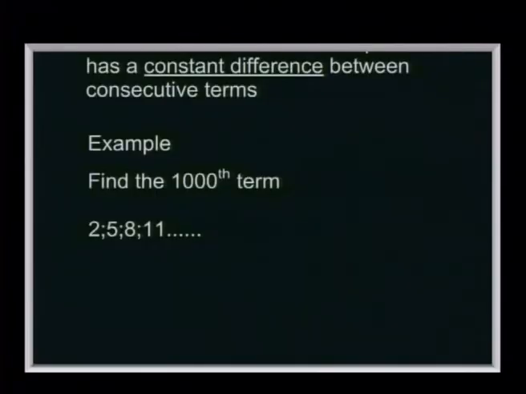So don't go with this business of adding 3 1,000 times. That's just a waste of time. What you can, however, do is use this formula, which will be given to you on your information sheet. The formula says Tn is a plus (n minus 1) d.